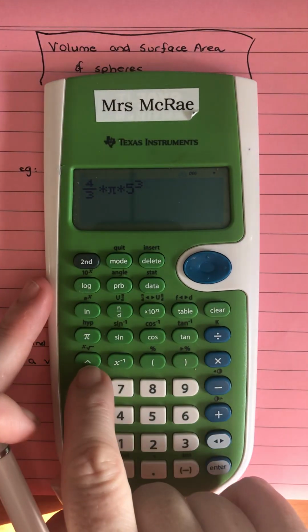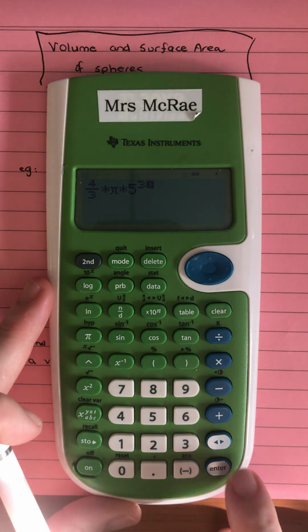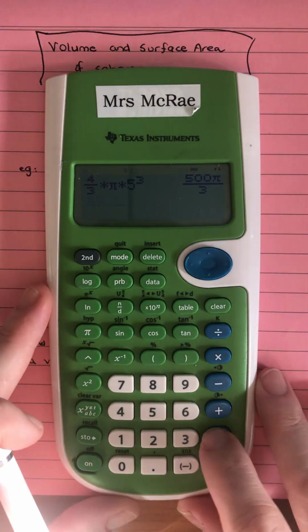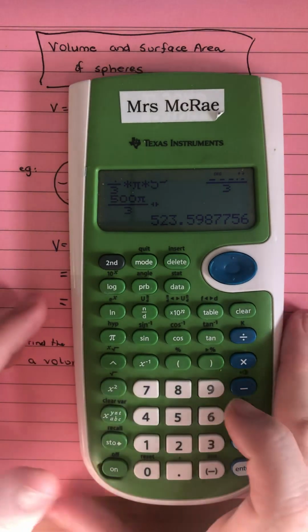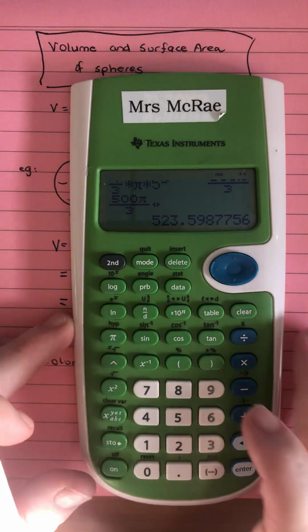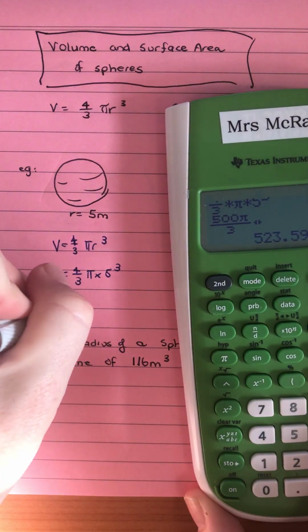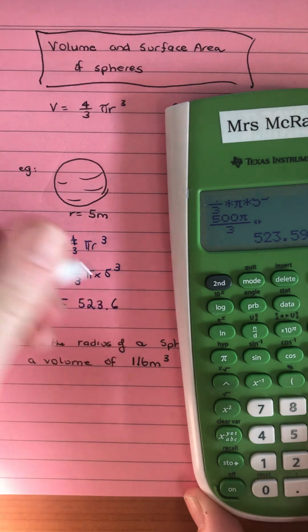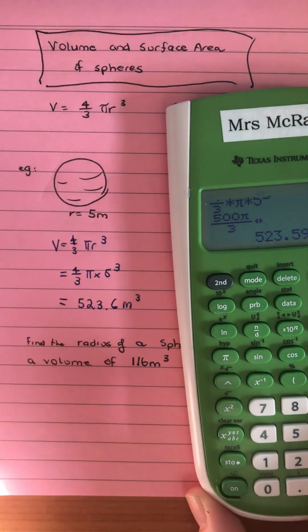So I used my little up arrow button there to get my power of 3, and I get an answer of 523.598, so I'm going to round that to 523.6, and that will be meters cubed.